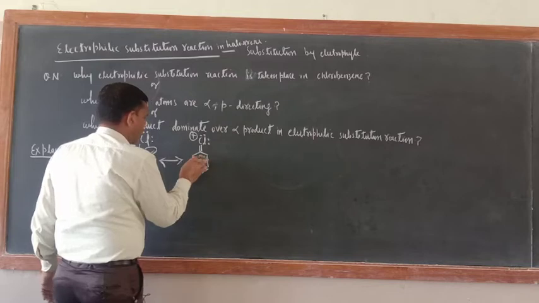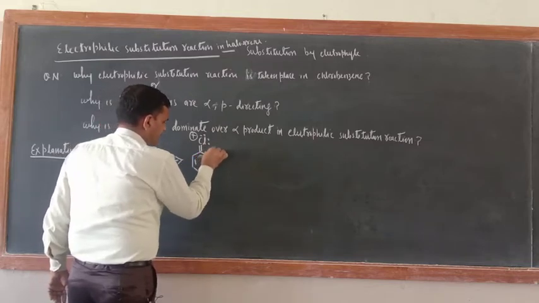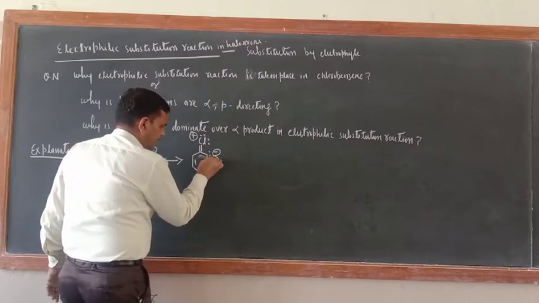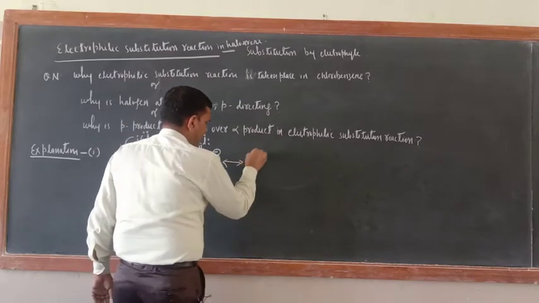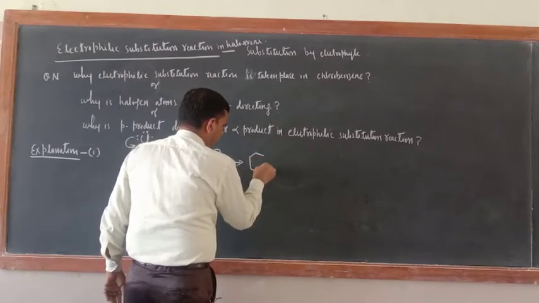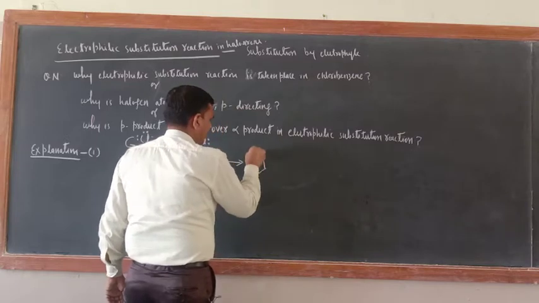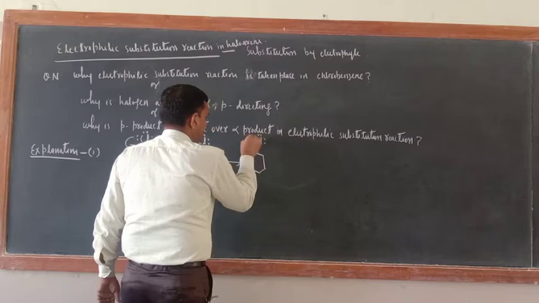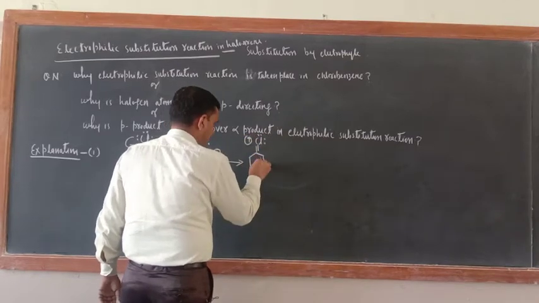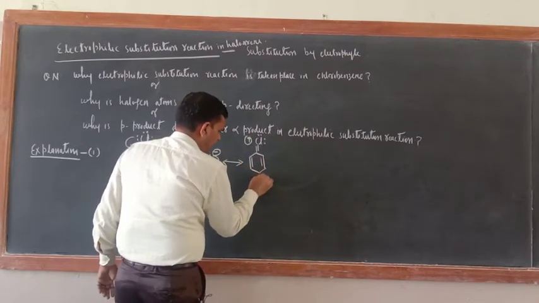Now this bond won't be here, this is a negative sign. So the next resonating structure is this one, here a double bond, here Cl, this is a positive sign, and here negative.